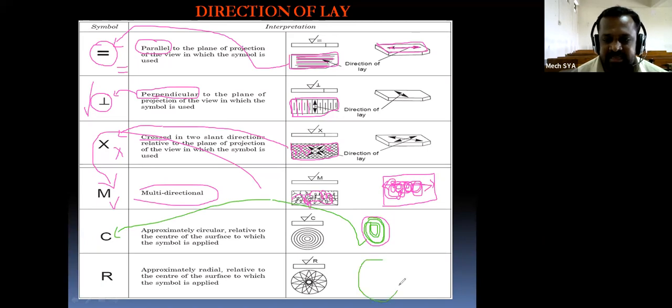If such irregularities are there on the surface, then it is called the radial direction of lay, and it is represented by R. So you have to remember those symbols here. I will draw all the symbols. How to remember? Simple.